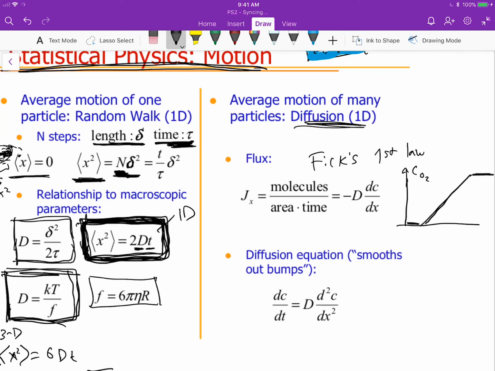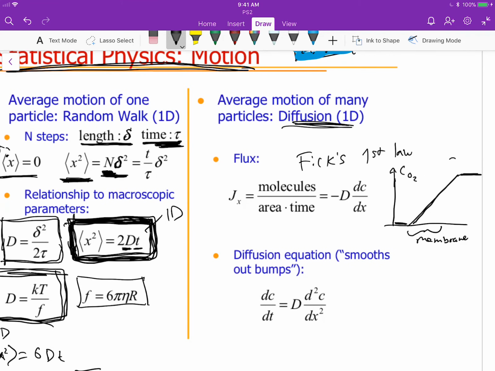This is basically where the membrane is in your lungs, this is the alveoli, and over here is where your bloodstream is. At the alveoli, you have oxygen that is basically kept fixed.